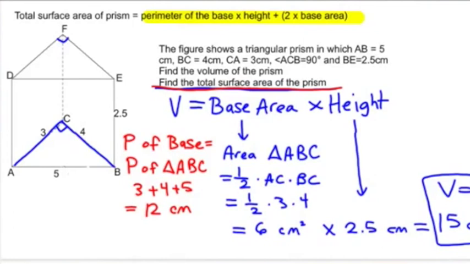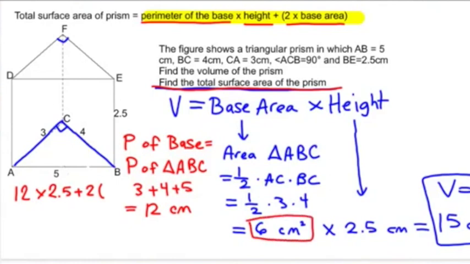Now, if we remember that the total surface area of the prism is the perimeter of the base, which we found, times the height, which is given to us, plus 2 times the base area. So we have the perimeter of the base, which is 12, times the height, which is 2.5, plus 2 times the base area, which we found over here.